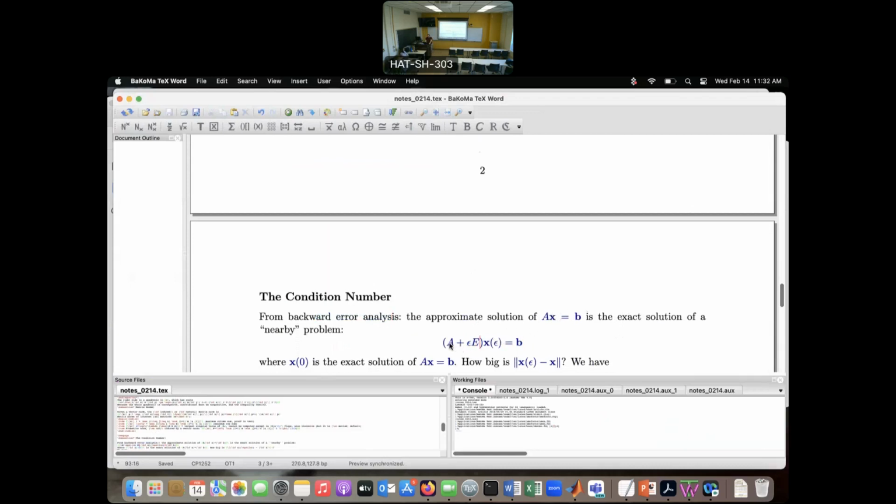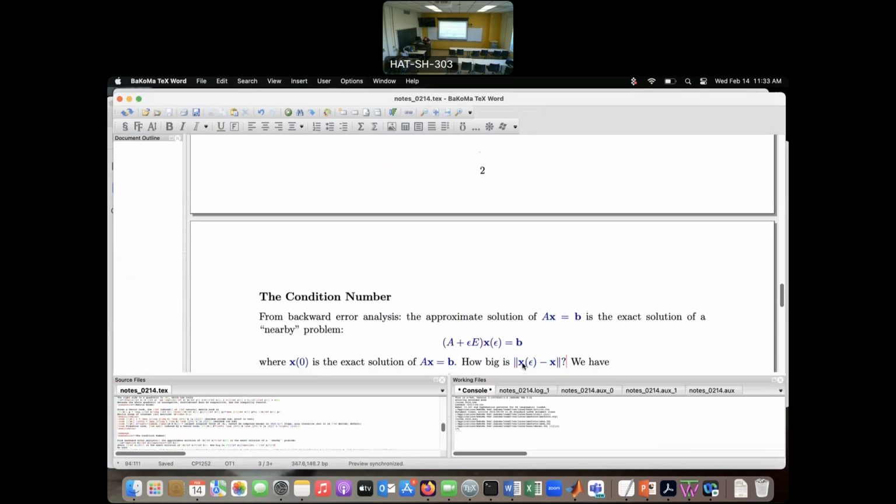Backward error is how much the problem has to be changed for the solution to become our computed solution. And the condition number is a ratio of the magnitude of the forward error to the magnitude of the backward error. Okay. So we want to try to use norms, properties of norms, to bound this.